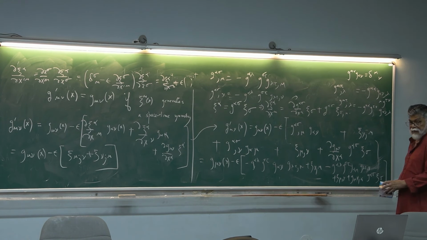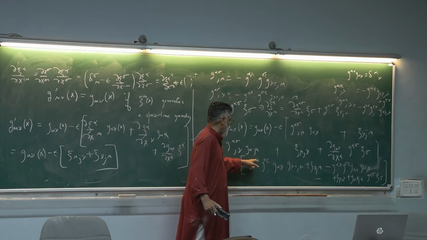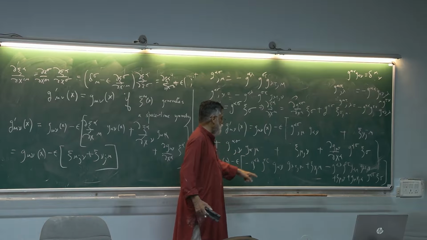I think I haven't made any mistakes. There are too many. I'll keep my fingers crossed. G mu nu comma alpha, g alpha sigma. Yeah. Now you see again a lot of simplifications happen. G alpha lambda, G alpha nu, alpha is being summed over. You'll get Kronecker delta lambda nu.